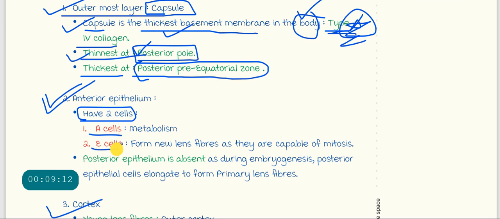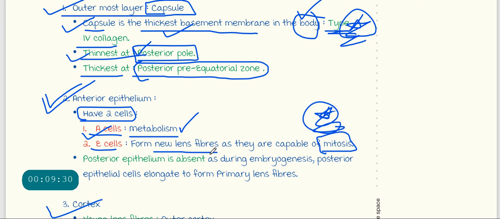The A cell is responsible for metabolism, and the E cell is for new lens fibers, as they are capable of mitosis. Remember this, a very important point.